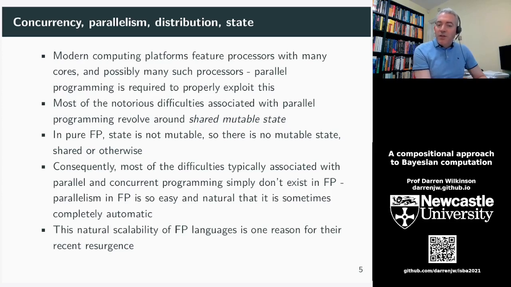Parallelism and concurrency are so natural that it's often completely automatic, and you can often write code that's completely agnostic to whether or not it's being executed in serial or in parallel. That's a mere implementation detail. So this is really one of the reasons why functional languages have taken off again in recent years.